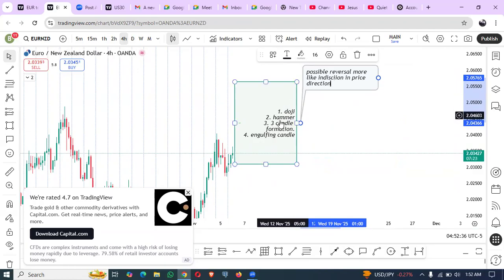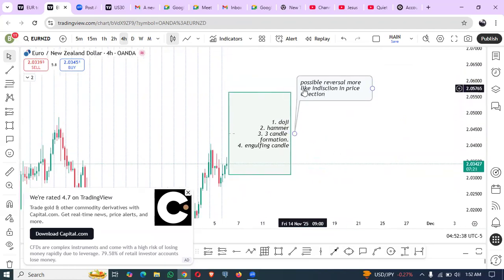So when you see the first three, it's not so certain that price will reverse, but it's telling you, okay, price might reverse.